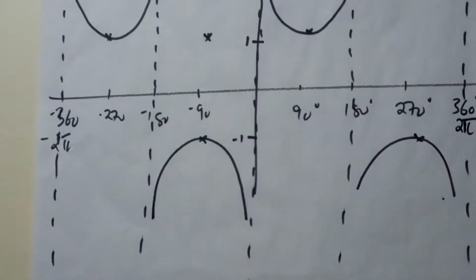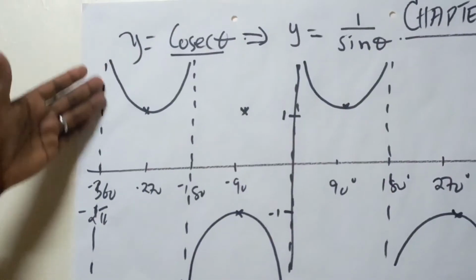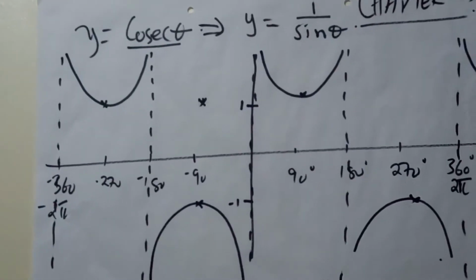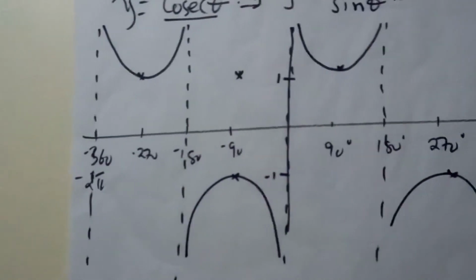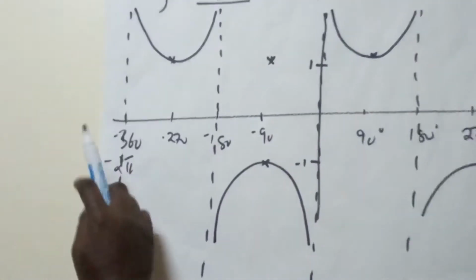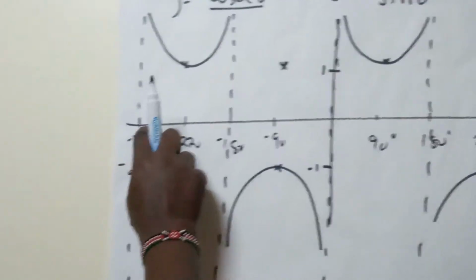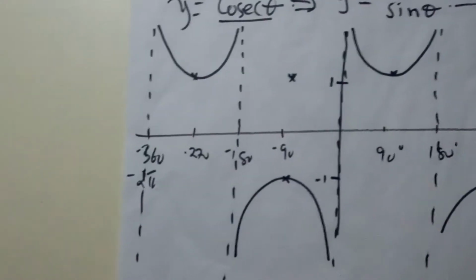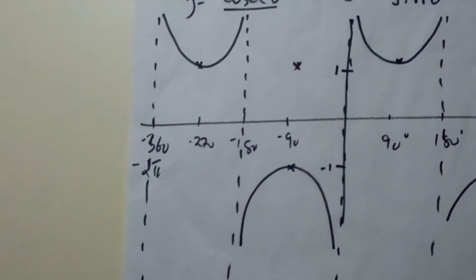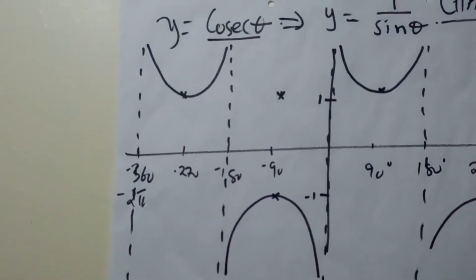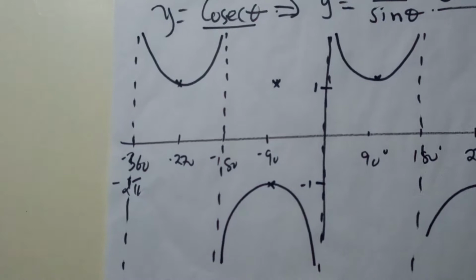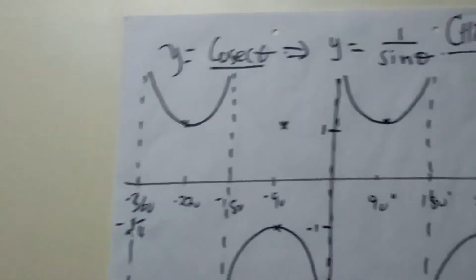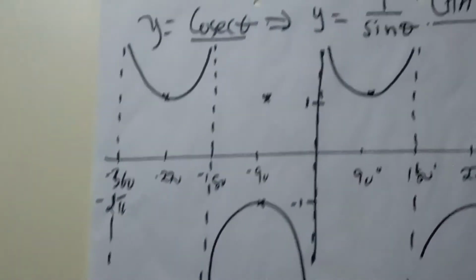For example, there is an asymptote at negative 360 degrees, meaning that the sine of negative 359 degrees, which is slightly on the right of the asymptote, is a very small positive number, specifically 0.017.